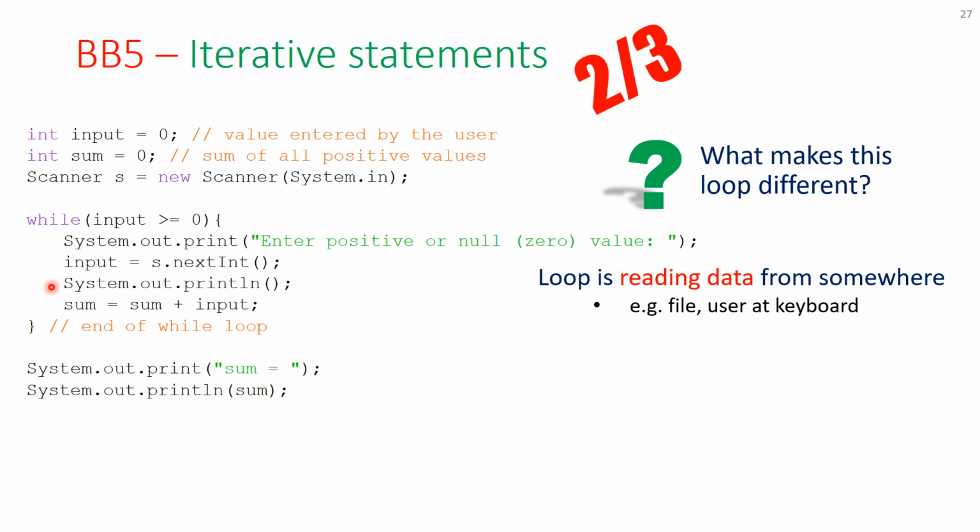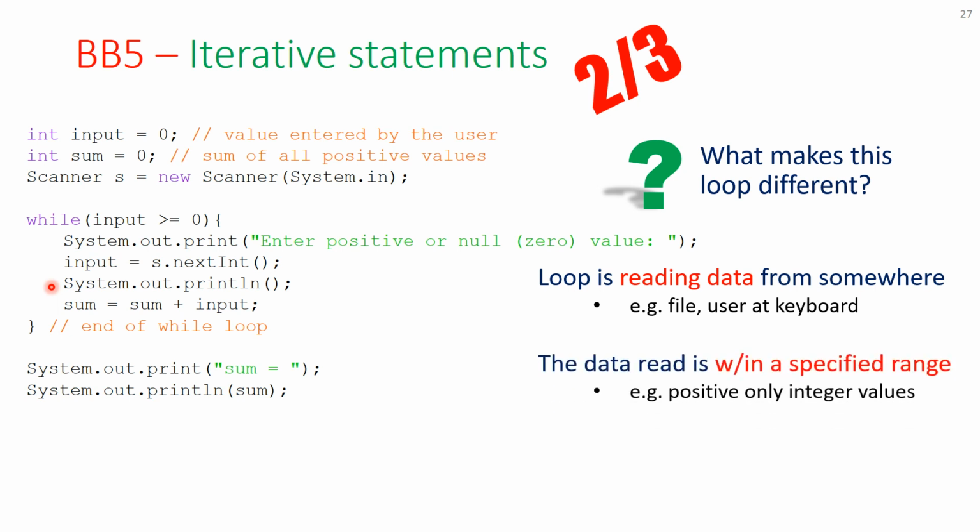So there are several things that characterize a Sentinel controlled loop. It always reads data from somewhere: a file, an array, a list, anything, things that you haven't covered yet. It takes data from somewhere and looks at every element one by one. And then that data has a specified range. For example, I'm reading temperatures, and I'm going to say the temperatures go between this and this range.